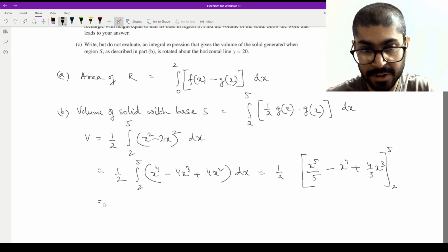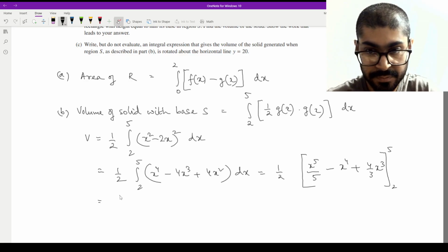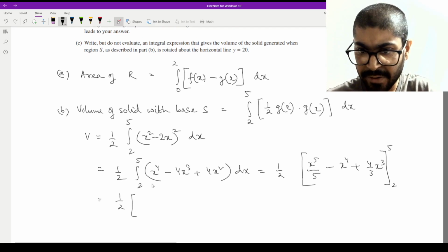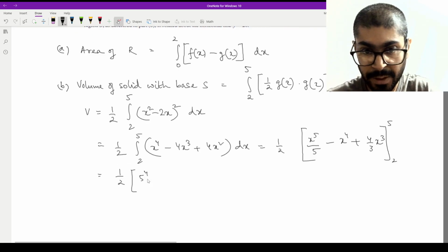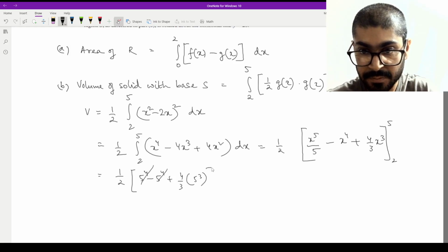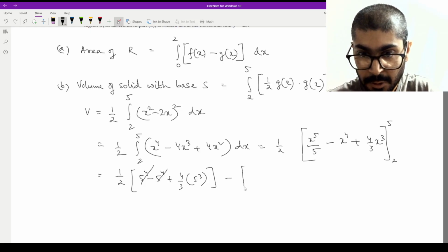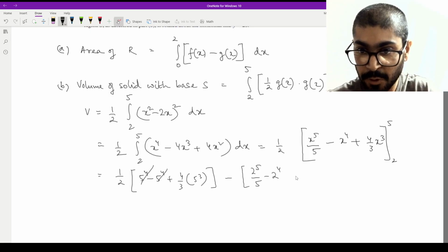Now it's just calculation and you will get half of 5 to the power 5 by 5, which is 5 to the power 4, minus 5 to the power 4 plus 4 by 3 into 5 cube, right? These two cancel, and then minus 2 to the power 5 by 5 minus 2 to the power 4 plus 4 by 3 into 2 cube, which is 8.